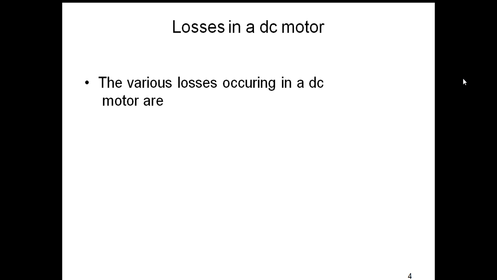Now let us see the various losses that occur in a DC motor.